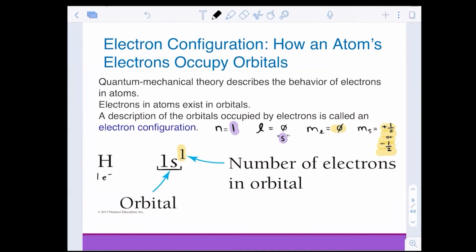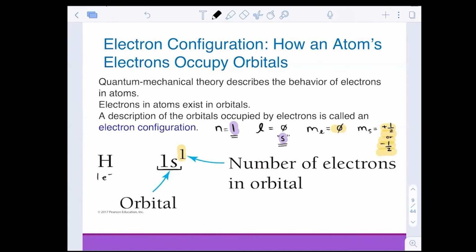We know that the lowest energy would be n equals 1. And when n equals 1, that gives us an s orbital. And hydrogen can put its 1 electron in there. So we have an electron configuration for hydrogen of 1s1. That's how we would read that. You can also say 1s superscript 1, but I just like to say 1s1.